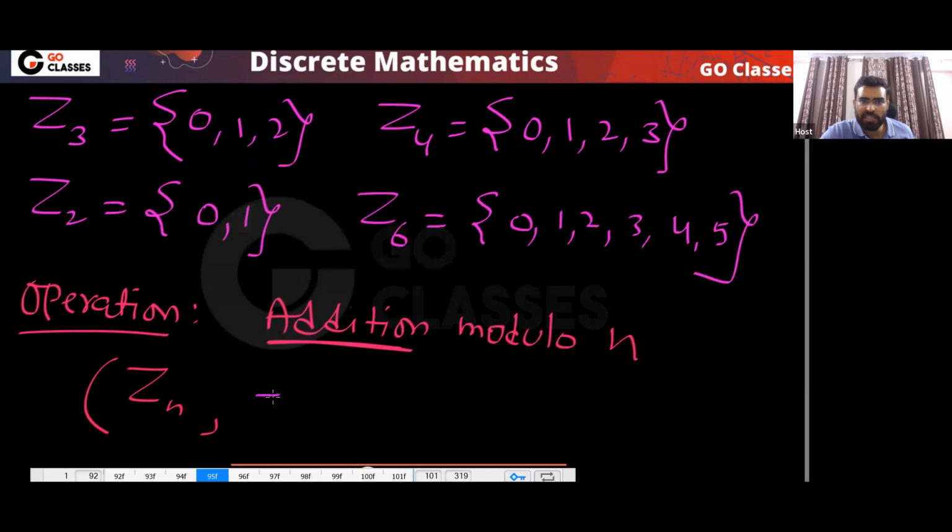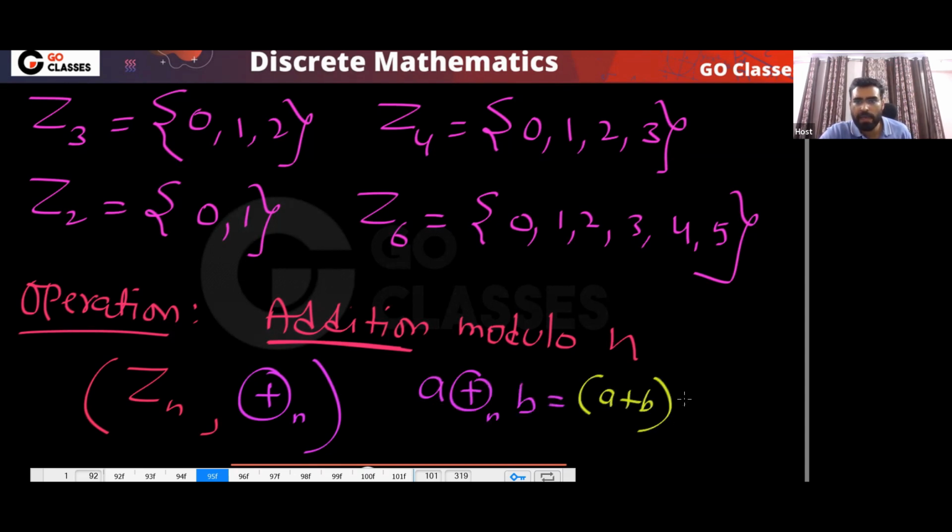And the operation is addition modulo n. Can anyone tell me what this operation means? This means first you add a plus b, and then you find the remainder when you divide by n.